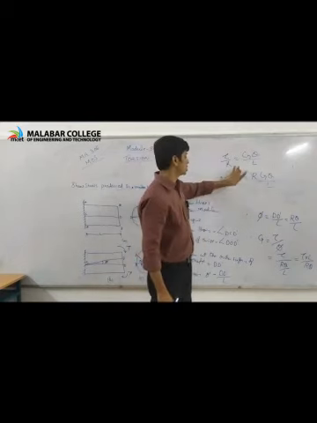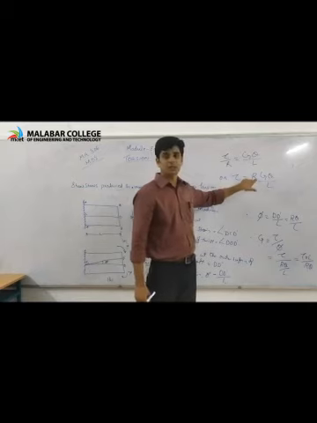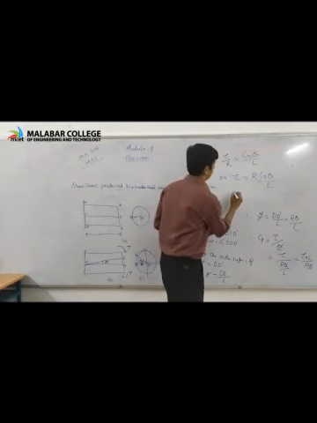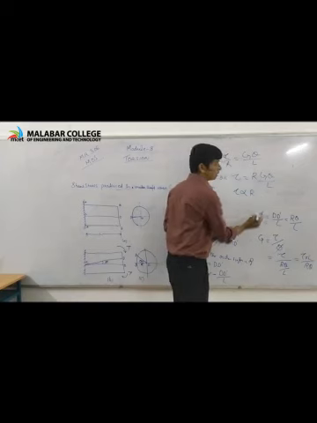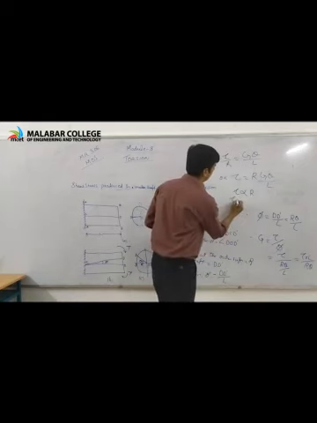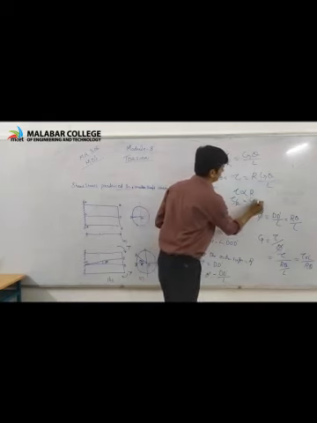Then the shear stress tau is directly proportional to the radius of the shaft R. So tau is proportional to R, or tau by R is equal to a constant.